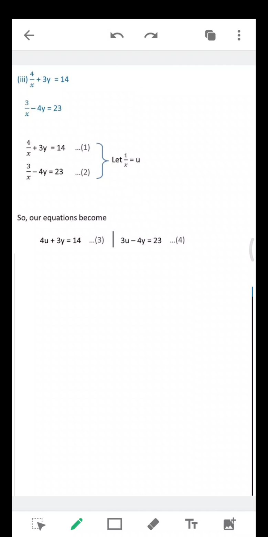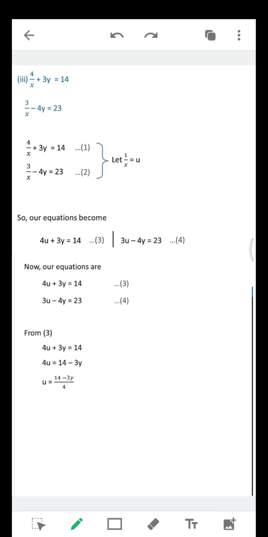So let's solve these equations by any of the method, say by substitution method. So if I solve by substitution method from equation number 1, I'll get 4u is equals to 14 minus 3y and u is equal to 14 minus 3y by 4. Further, I'll substitute this value because I have taken this from equation 1. I'll substitute this in equation number 2. Or you can solve it by elimination.